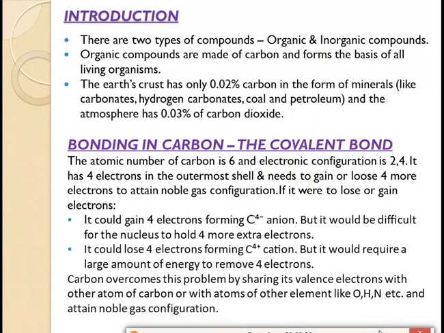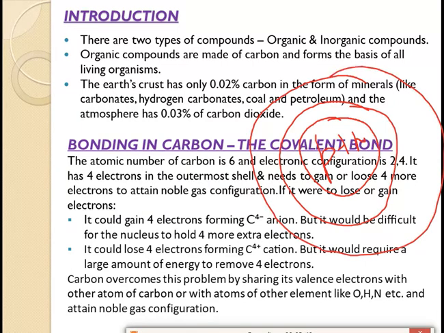Now see, you know that in the center the nucleus is present, and inside the nucleus protons and neutrons are present. Outside it, orbits or shells are present in which the electrons revolve. So in a carbon atom, as you know, the atomic number Z is equal to 6 and the mass number A is equal to 12. The atomic number is also equal to the number of protons.